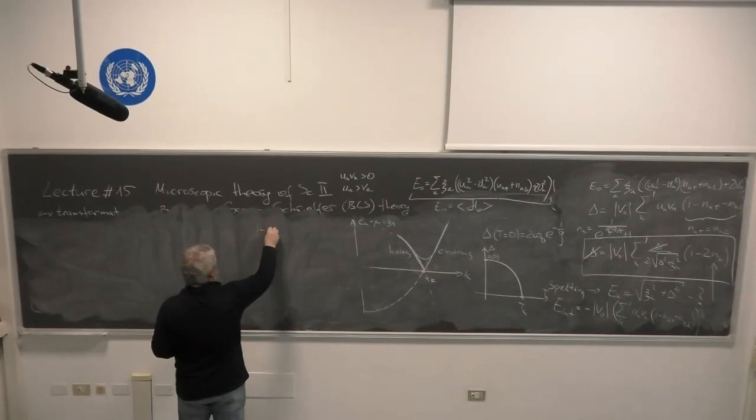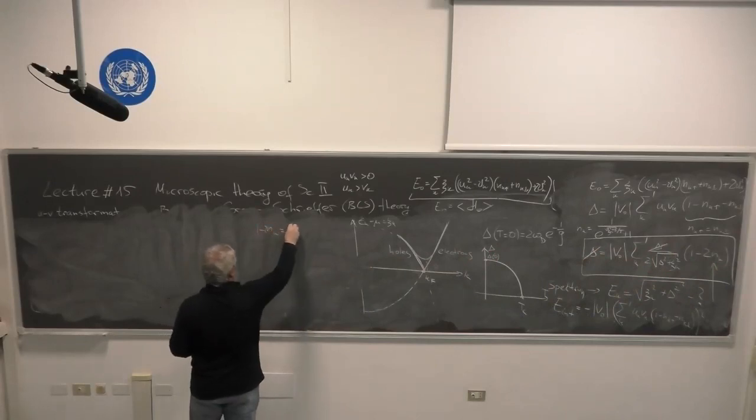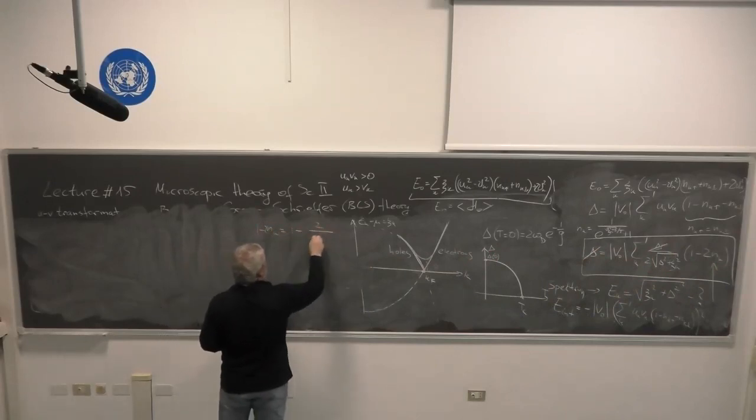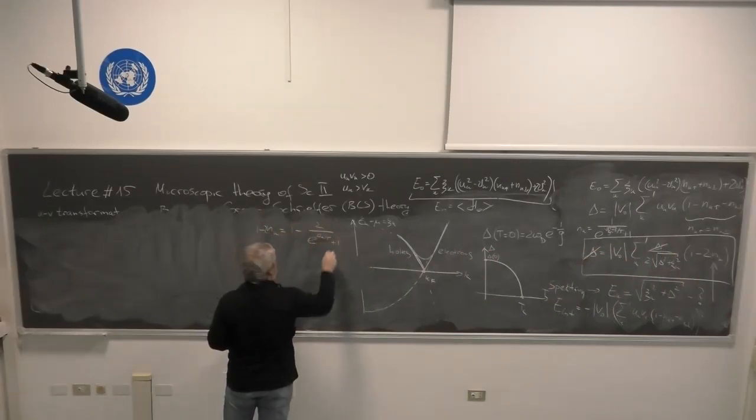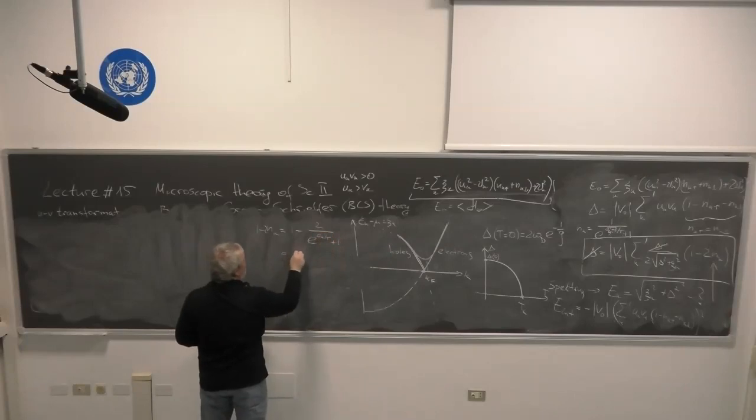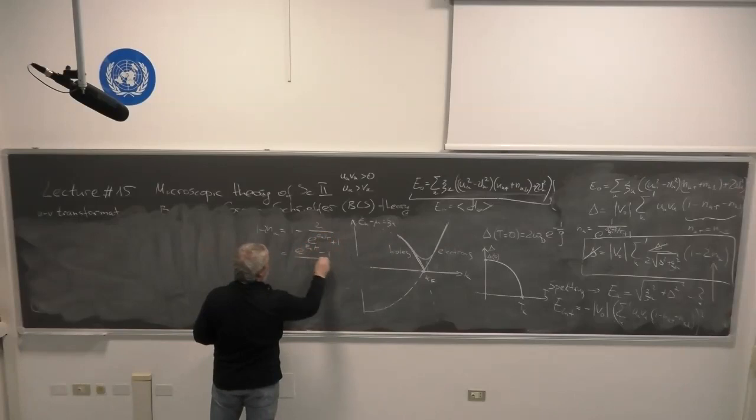1 minus 2 n_k is 1 minus 2 times e to the power ε_k over temperature plus 1. This is e to the ε_k over temperature minus 1 divided by e to the ε_k over temperature plus 1.